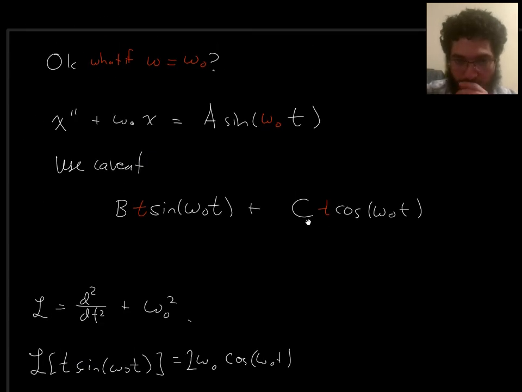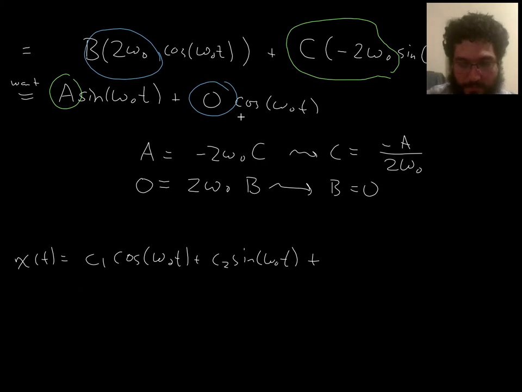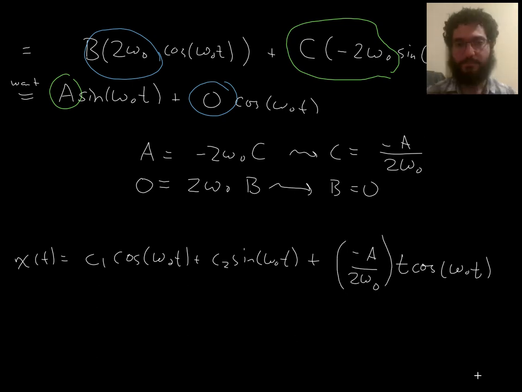So we've got this with the c filled in: t cosine omega naught t. I just think that's so interesting that we got cosine there. And then this is negative a over 2 omega naught.